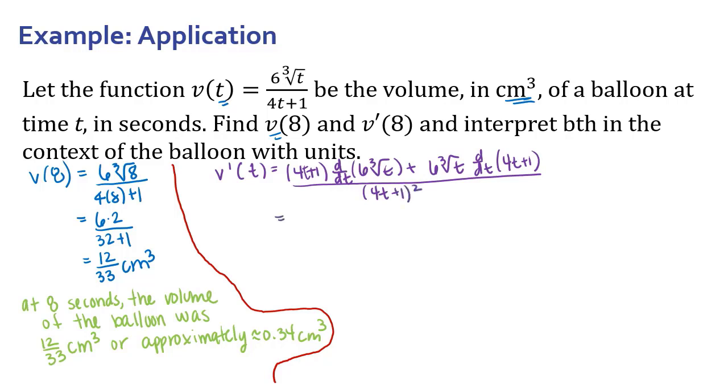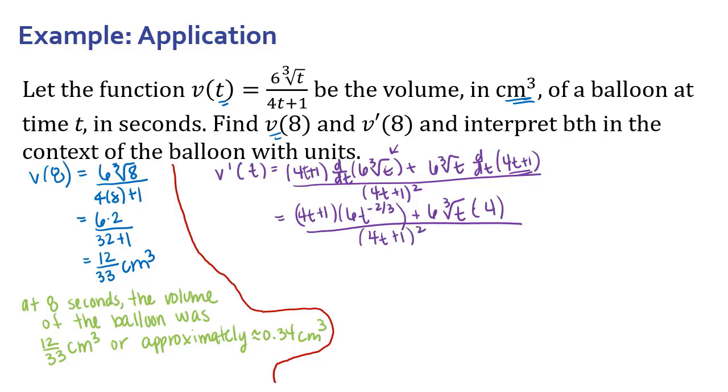So that's going to give me 4t plus 1 times 6t to the negative 2/3. You find this derivative, plus 6 cube root of t times 4. The derivative of this is 4, all over 4t plus 1 squared.